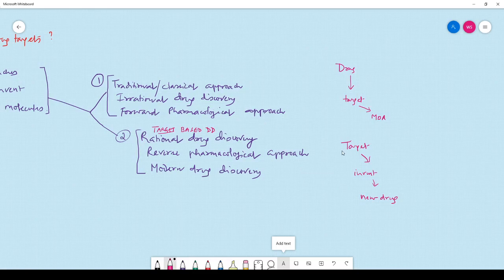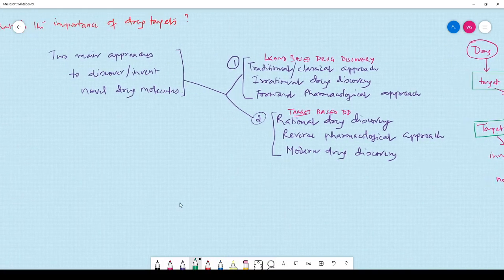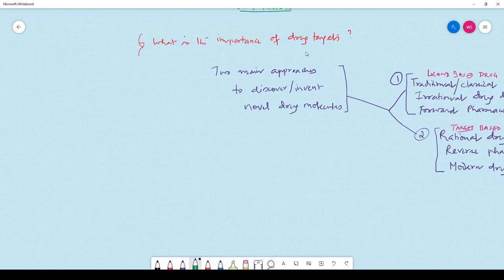So in the first case, we have the drug itself, so this is also called ligand-based drug discovery. But what is common to both of these is that the target is required. So this is the importance of drug target.